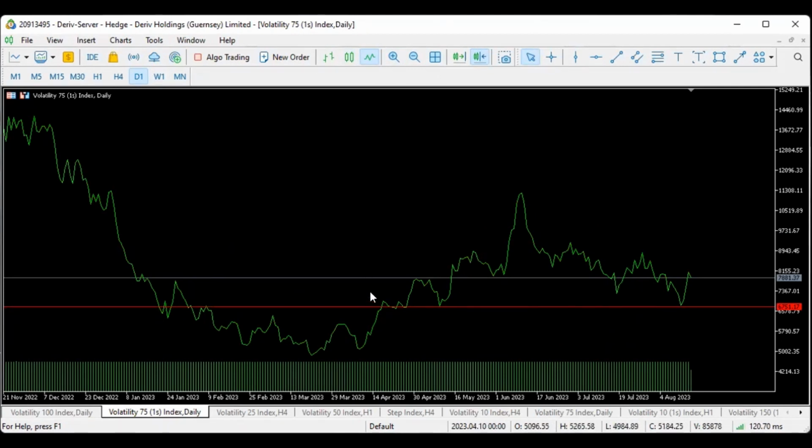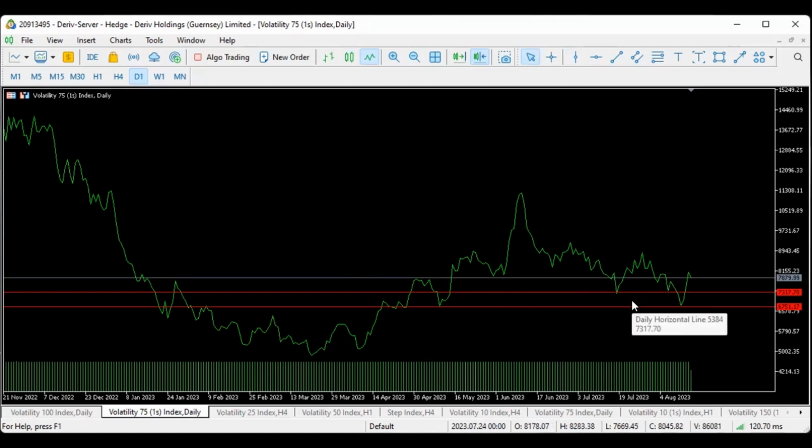So there was some reaction over here in the past, over here, and over here again. Another area of sensitivity you may be interested in is somewhere around here, because you can see over here, there was an impulsive move from somewhere around this area and over here also.